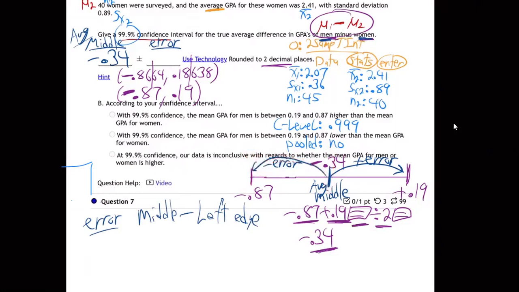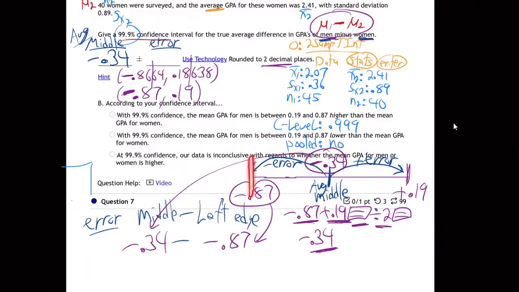So what's the middle? Well, the middle's right here, negative 0.34. Subtract, and what's the left edge? Negative 0.87. If you want to find out how wide this error section is, you just take the middle, subtract the left edge, or you could have taken the right edge, subtract the middle.